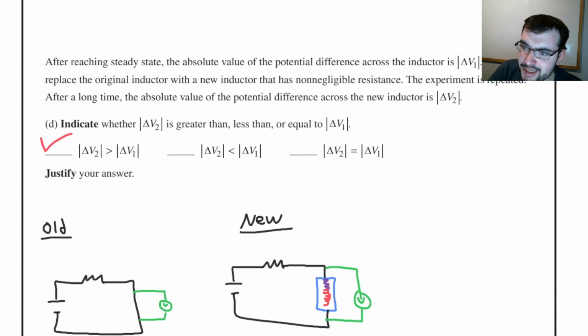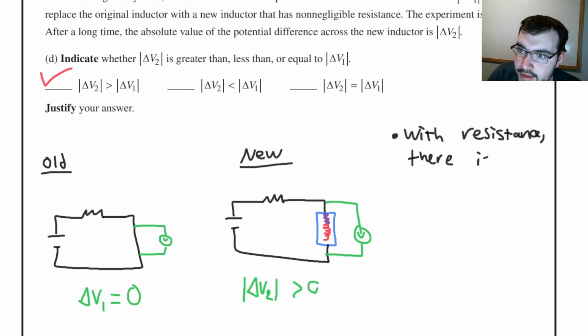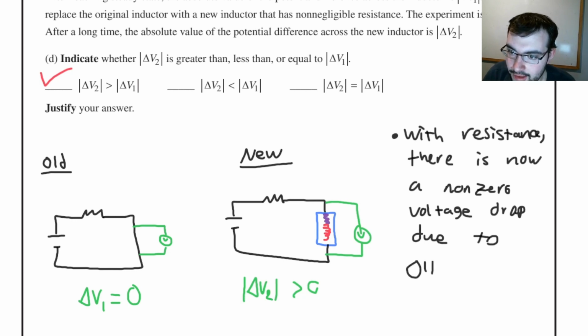So that probably wasn't the best explanation, so let's summarize here. With resistance, there is now a non-zero voltage drop due to Ohm's law.